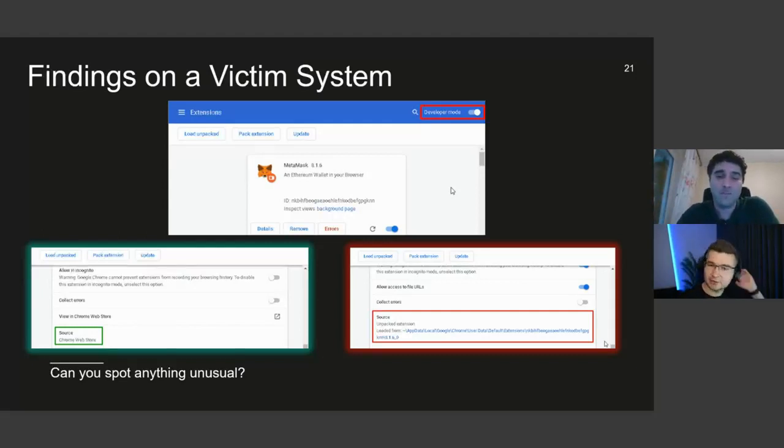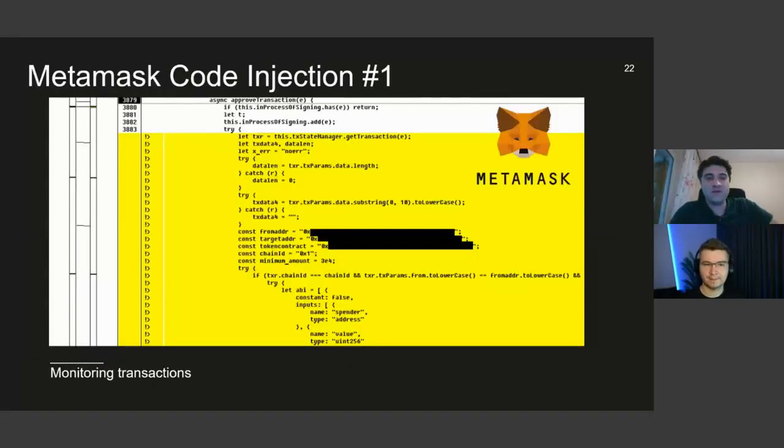So tell us, what exactly do they do with this MetaMask extension? How exactly do they modify it? You can see it here. This is a screenshot from an actual victim. The attackers have three hard-coded strings in the MetaMask source code where they are monitoring transactions.